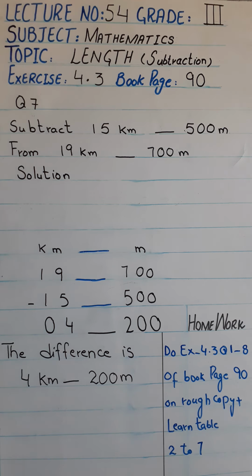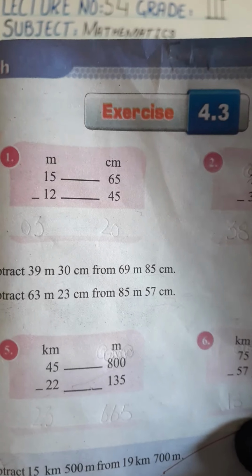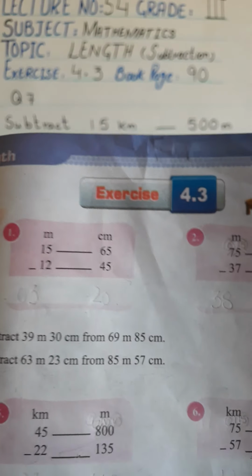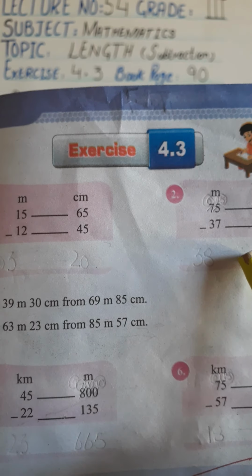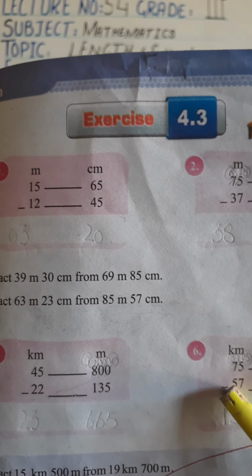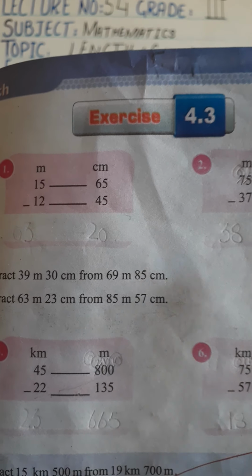Again, learn tables 2 to 7. If you check your book, at the start I cleared this point. Open your book, exercise 4.3. Hurry up. Look at 4.3. You solve these 2 questions. We already solved practice questions; follow the same method.